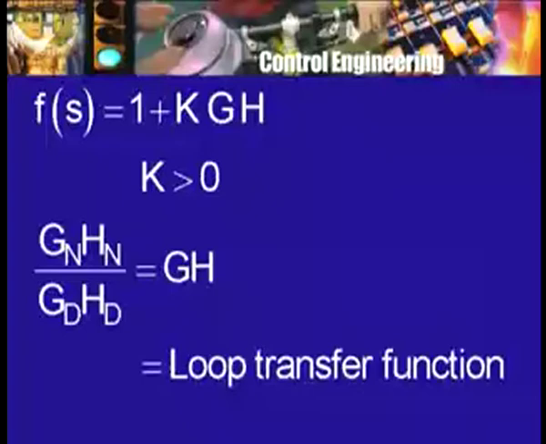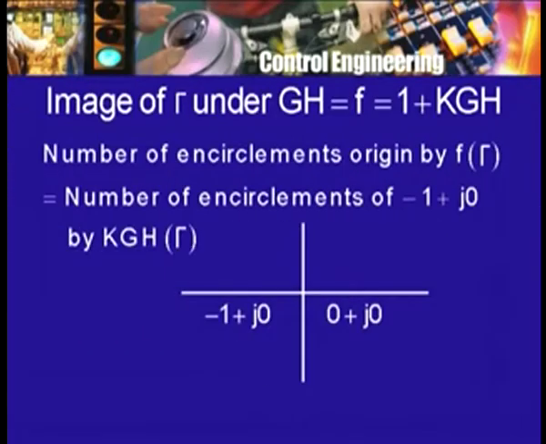So, the following then will hold. Look at the image of gamma under gh, and look at the image of gamma under f. What is going to be the difference? The difference is going to be the scale factor k and this shift of 1. Now, if you think of it a little bit and if you draw a figure for yourself, this is something which one has to do oneself in order to realize that it is so, but you will realize that the following is true.